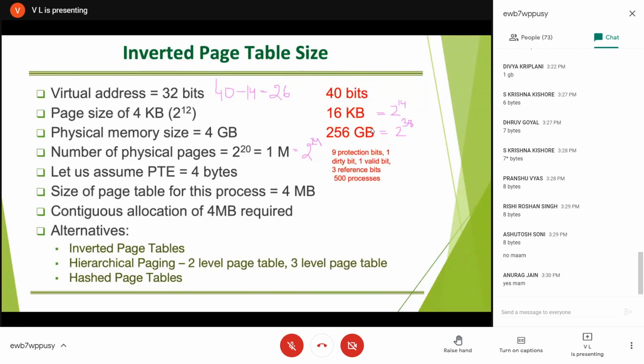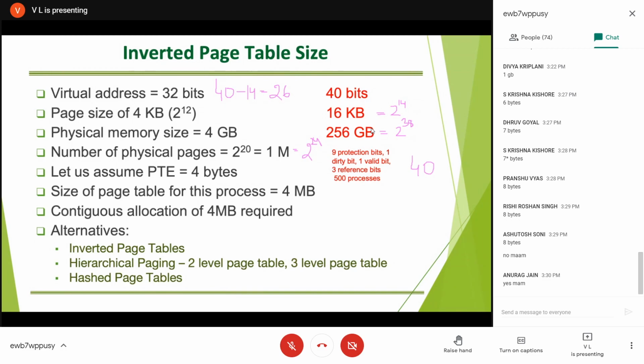To this, we have to add 9 protection bits. 26 plus 9 is 35. 35 plus 1 dirty bit, 36, plus 1 valid bit, 37, plus 3 reference bits, that is 40 bits right now. And then we have to add something for the process ID. As I said, the number of processes cannot be greater than 500.